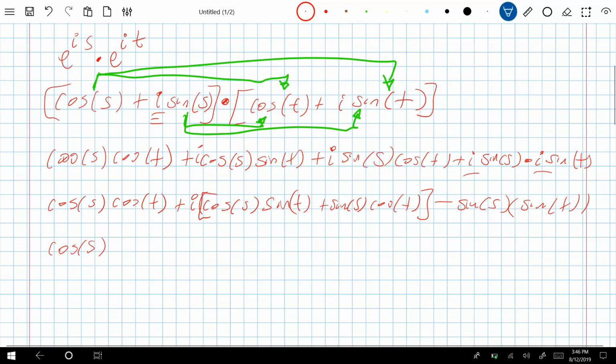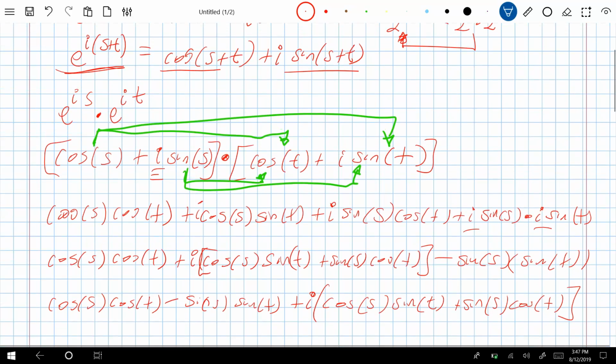Now I can gather everything like this. Cosine s, cosine t, minus sine s, and then over here sine t, plus I, and then that entire expression within the square brackets, cosine s, sine t, plus sine s, and then cosine t.